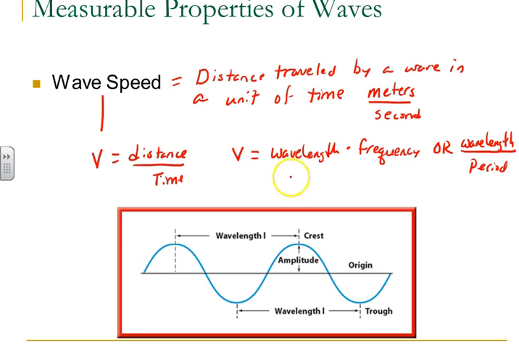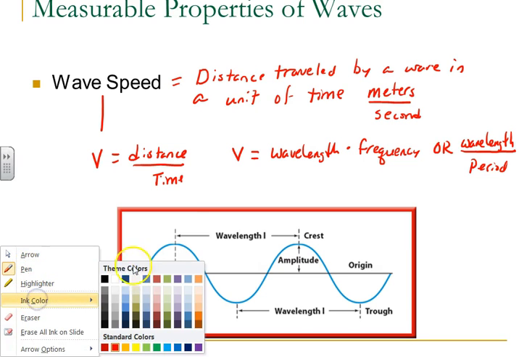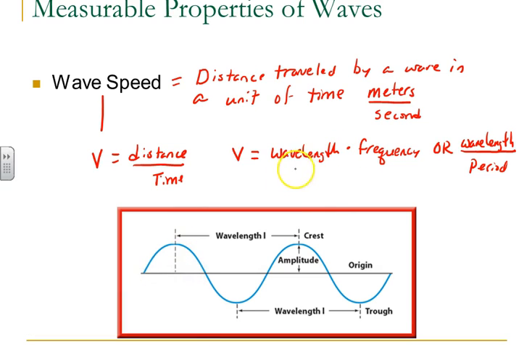Now, symbols for wavelength and frequency. Symbol for wavelength is sort of like an upside down Y. This is the Greek letter lambda.